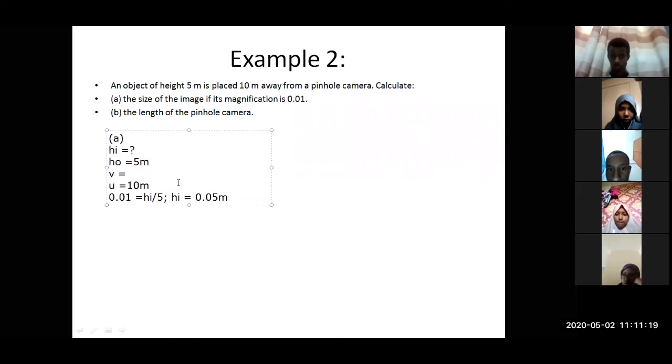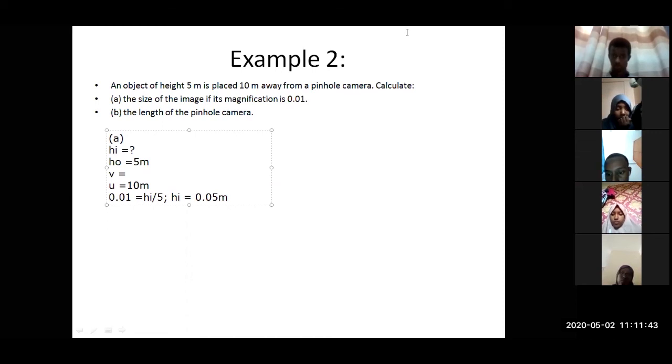So part A, the size of the image. Please remember when you talk about size of the image, so many messages are coming in. Let me see who has got it right. Abdul Basit got it right. Mohsin got it right.